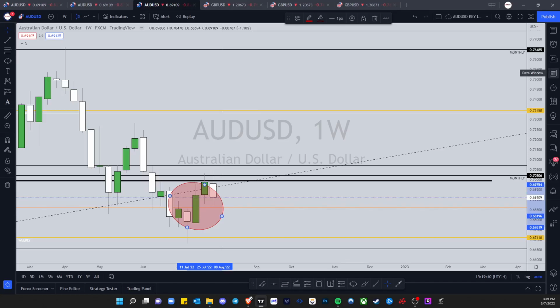Pretty much on the lower time frame it's saying there was a break of structure, based on these candles.